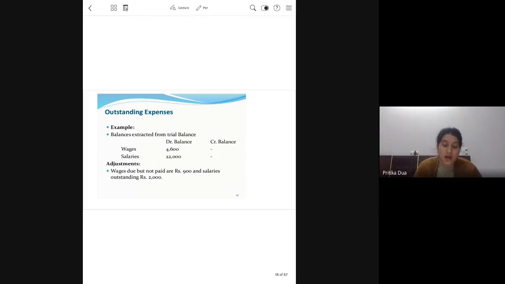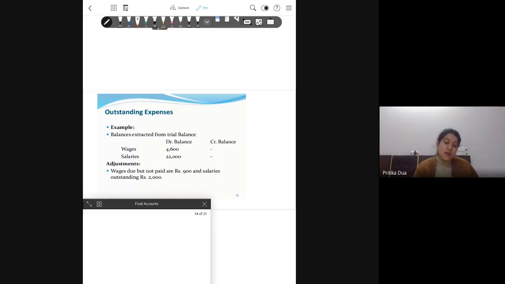One thing to be very clear is that wages, they are direct expense for the business, and hence wages come under the trading account, because wages are paid to the workers who are involved in the production process. So all the expenses up to production go to your trading account.